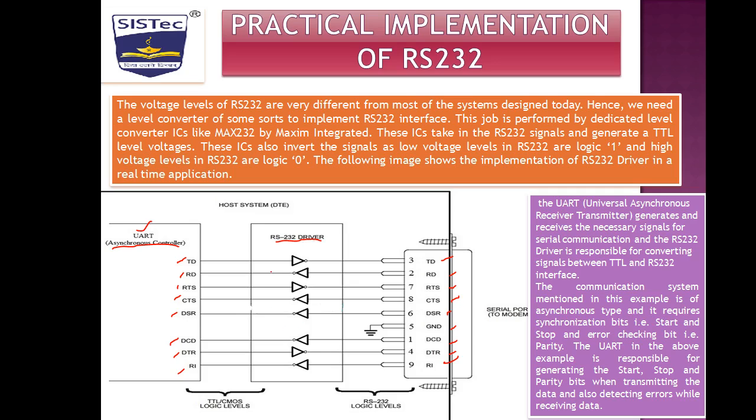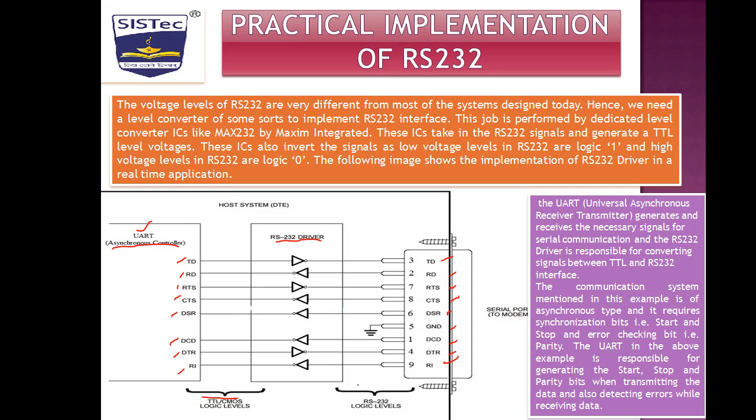On this half we use TTL or CMOS logic levels, while on the modem side we use the RS-232 standard, that is minus 3 volt to minus 15 volt, and plus 3 volt to plus 15 volt, while voltage levels between minus 3 volt and plus 3 volt are not used.